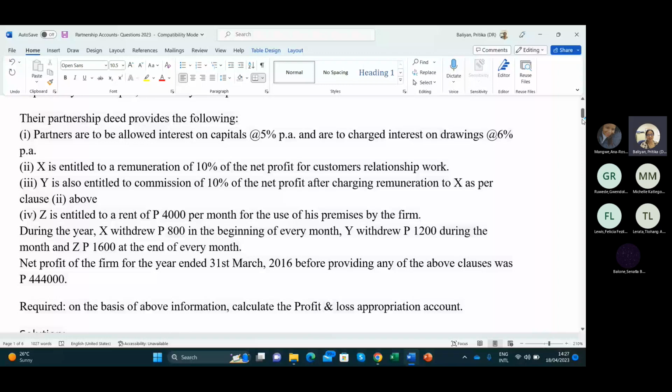So you have to calculate the salary of X. How much is the salary for X?